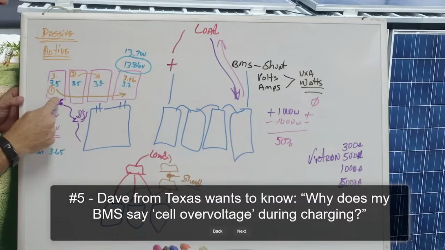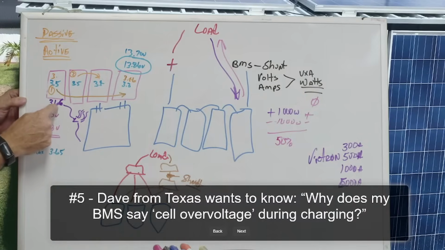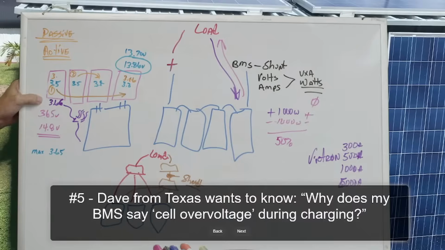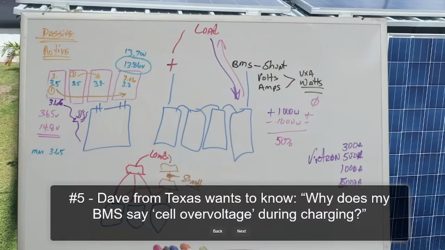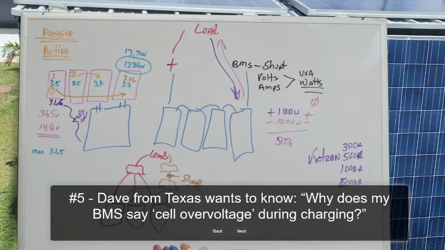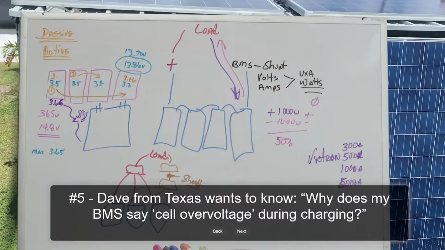So that over voltage was caused when this battery's cell hits 3.66. It has an alert that says anything over this amount should stop charging, because anything more than this is going to cause damage to the battery. So the BMS has said, hey, wait, I'm not going to allow charging anymore.